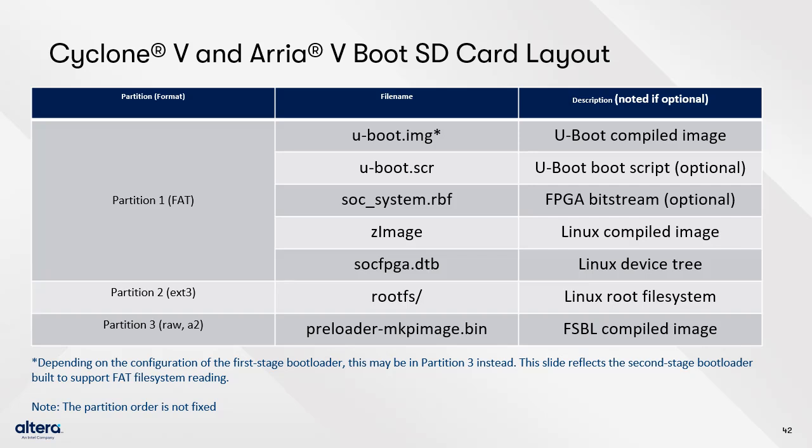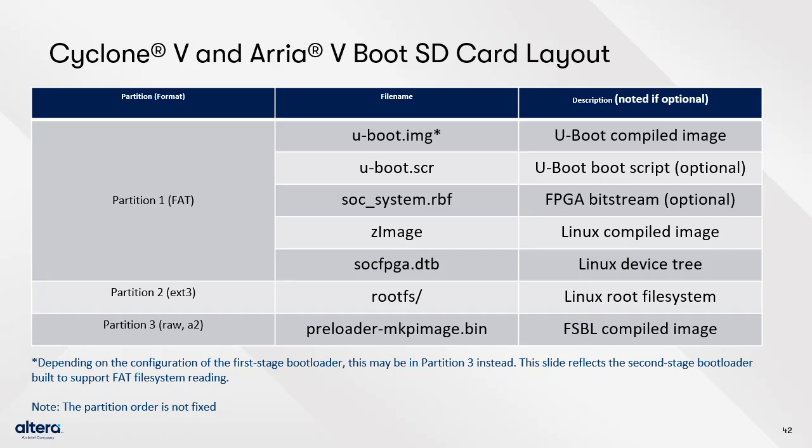You will also put your compiled Linux image, which is called zImage, and the compiled device tree, which has the extension .dtb. Optionally, you can also put a script to control the behavior of U-boot and a compiled FPGA design to get loaded to the FPGA.